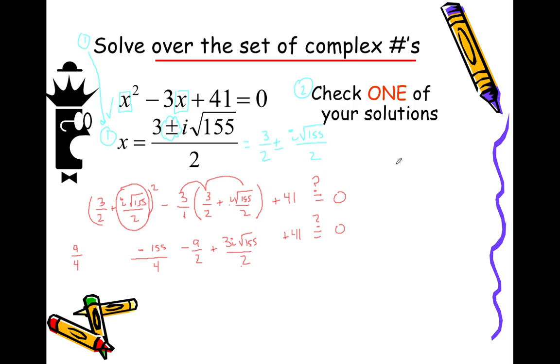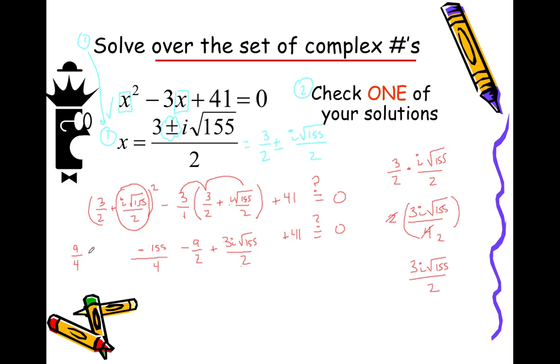You multiply them and double. So let me do that over here. What is 3 halves times i root 155 over 2? That's 3i root 155 over what? 4. Now, double that. What do you get? You get 3i root 155 over 2, right?